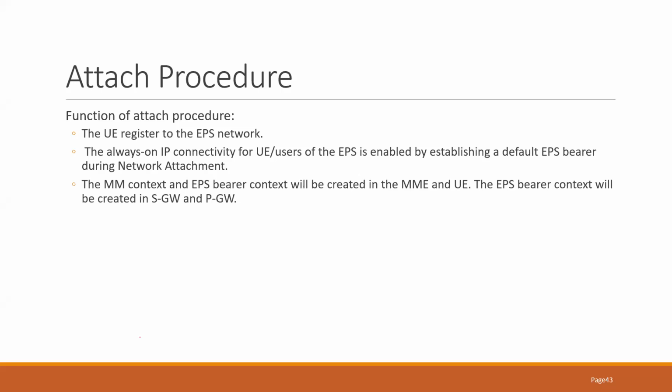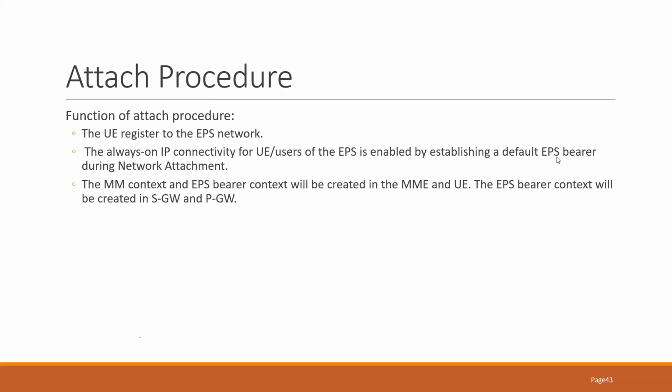Even if your data services are turned off, you will still be connected to your MME, because in 4G there is no connectivity with your CS core network. So whenever there is an incoming call or incoming SMS, you need to have connectivity available with the MME to ensure that you receive the call or the SMS.